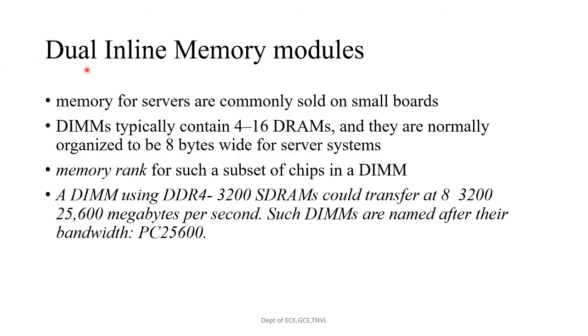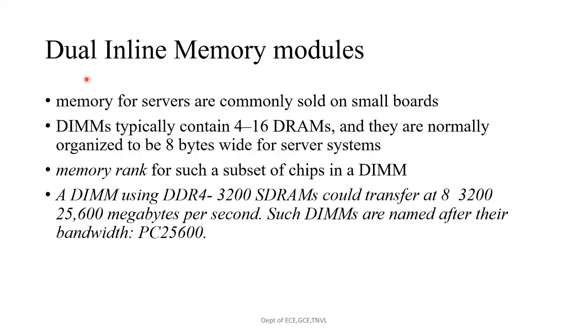So this is about dual inline memory modules. The memory for servers is commonly sold on small boards, and this is called dual inline memory modules. Compared with this, personal mobile devices use individual DRAMs.